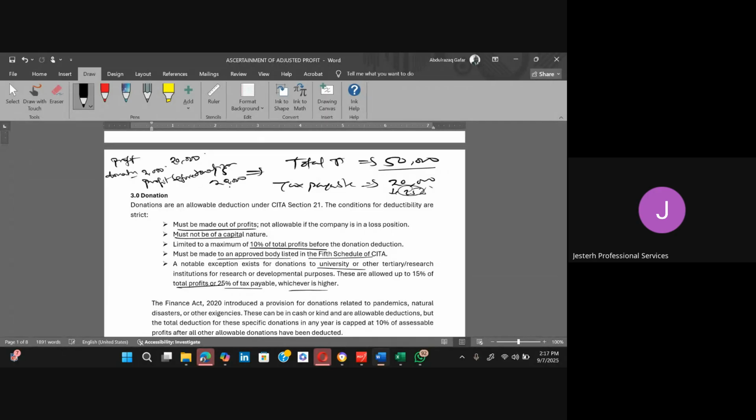Are you getting it now? So if you now calculate 10% of this amount, 10% of this 22,000 will be 2,200. So it means you are still within the threshold.